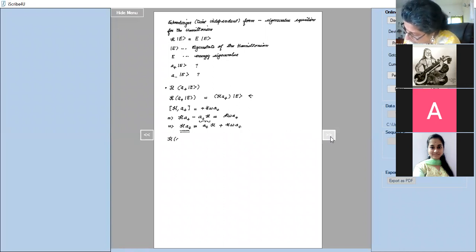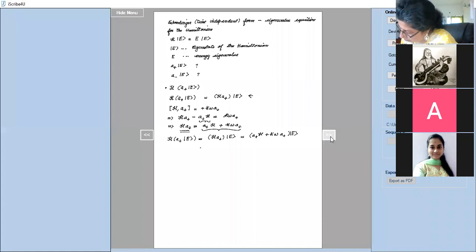What do we have now? We have H acting on A plus E, which we had written as H A plus E, and instead of H A plus, now I'm going to write down this expression here, which is A plus H plus H cross omega A plus acting on E. This is what we are going to get.